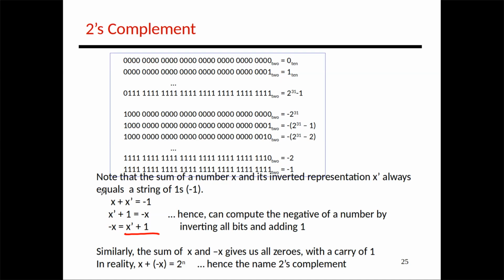It so happened that x plus x complement equals -1, always, no matter what, because if you add a number to its own complement, you will always get the number which has all ones in all positions, right?